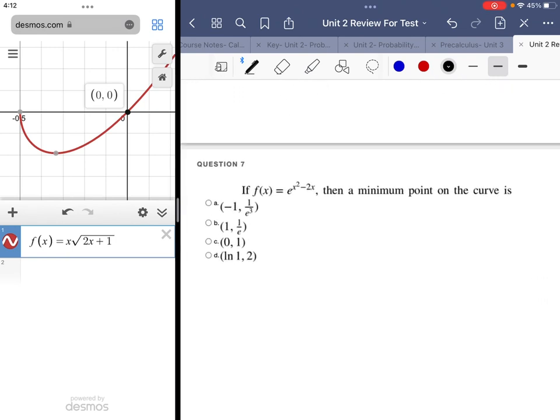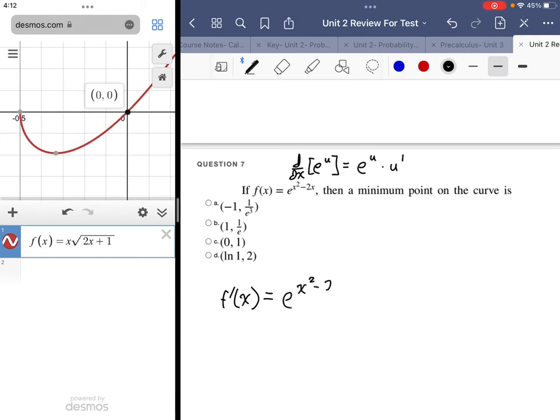So number 7, looking for a minimum point. So I take my derivative, f prime of x, using my exponential e rules. So d/dx of e to the u is equal to e to the u times u prime, or du/dx.